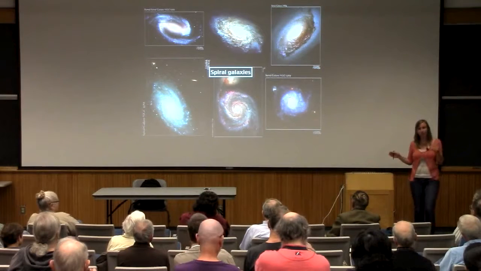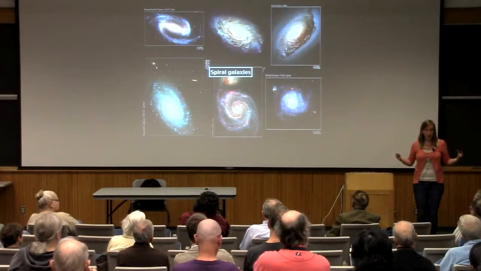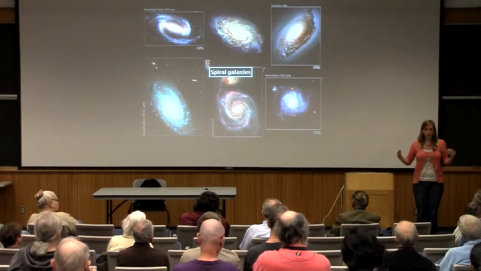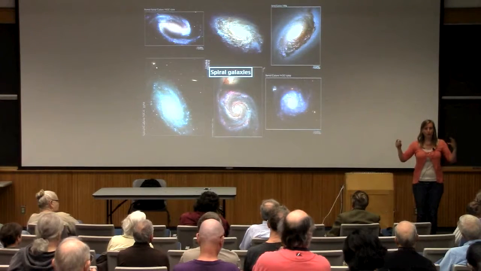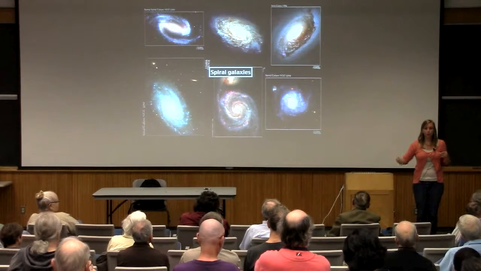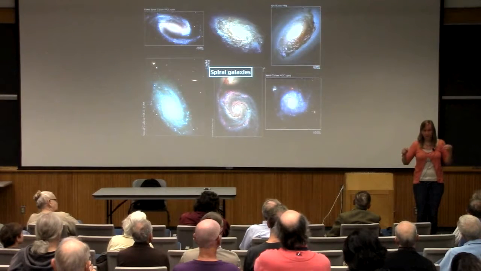So why are these systems blue? Well, they're blue because they're still forming new stars. If you have a lot of new stars being formed, then a galaxy appears bluer because you have a lot of very, very hot, newly formed stars. Once the stars become older, the bluest, the hottest stars will die out in supernovae, and the lower mass stars remain, and these are red.